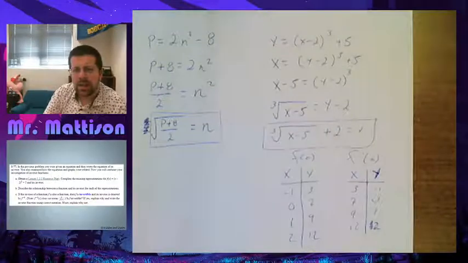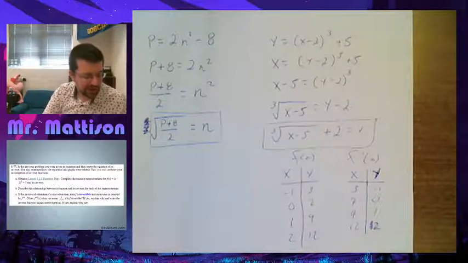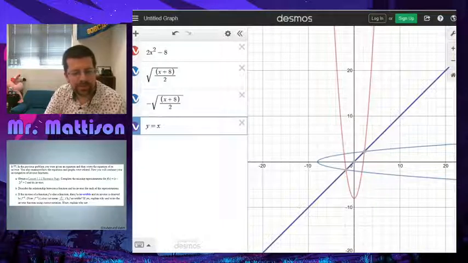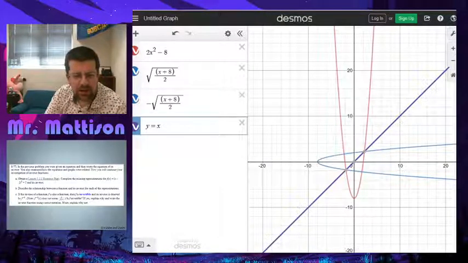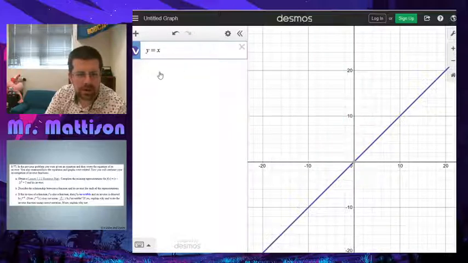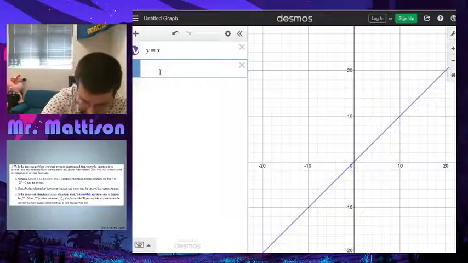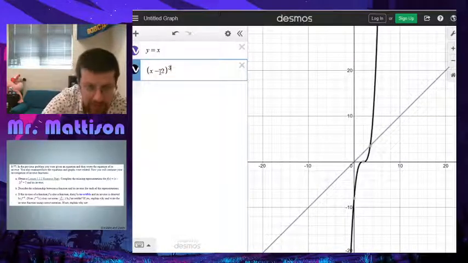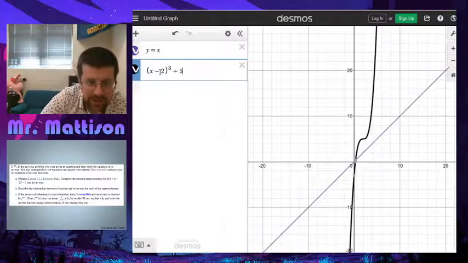So we're just transposing those in order to get from our original to our inverse. I'm not going to go through every single one of those, for the sake of time, since you just did it. But when we graph these, I will show you the graphs. Let me just change over to my Desmos. Okay. So our original graph is going to be x minus 2 to the third power, plus 5.